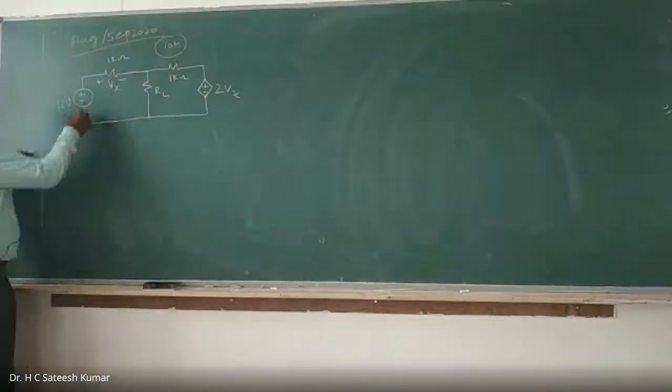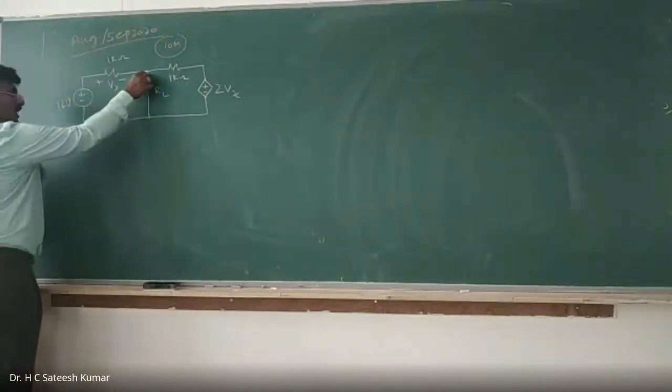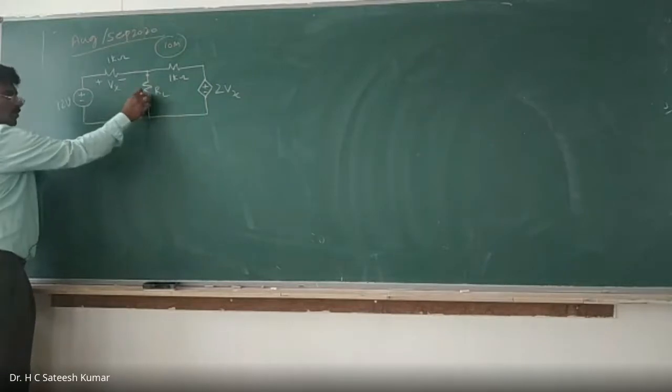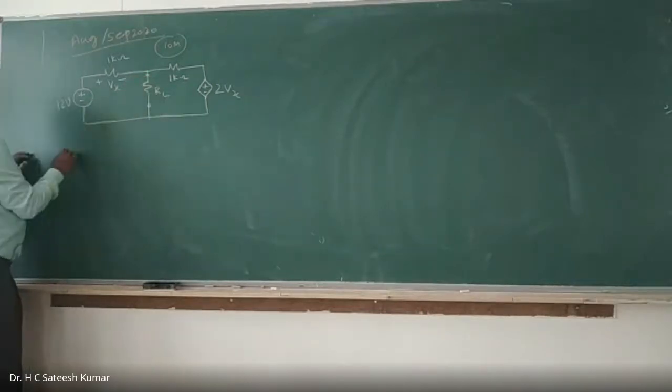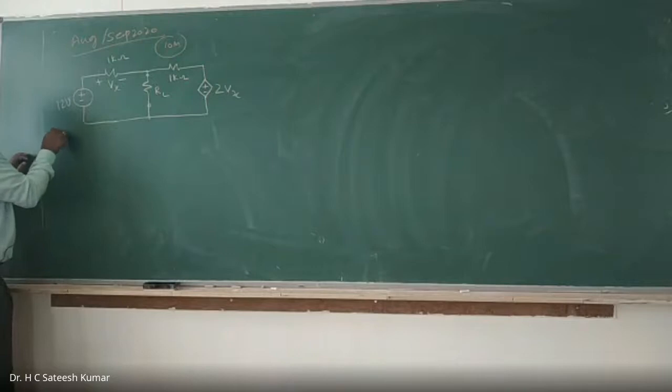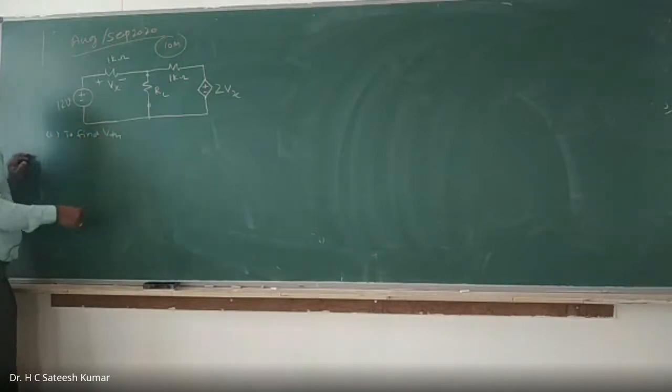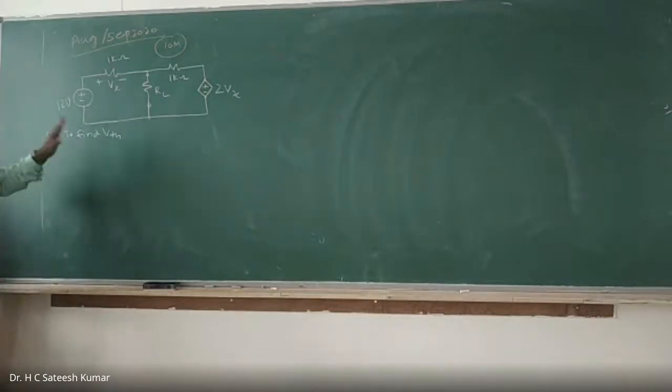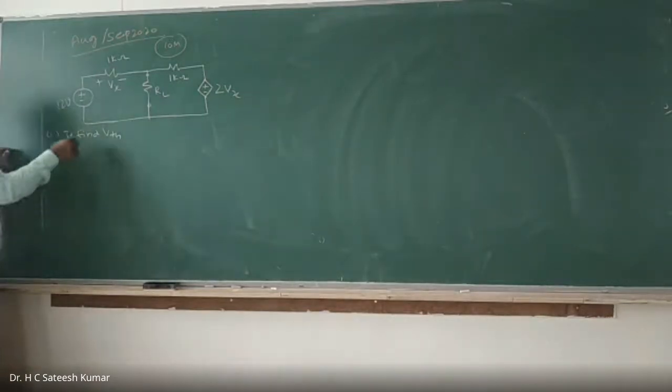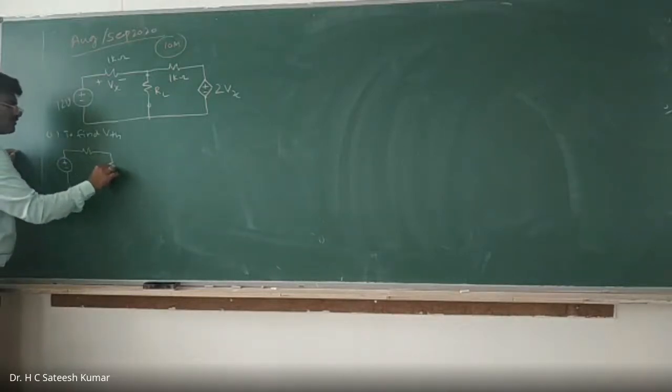So now what do we have? First you write down the Thevenin's equivalent. This is the load. This will have to be made open. So now what should you do? First step is to find VTH. You will see that I'll do Thevenin's, Norton's, maximum power transfer theorem. So now what do we have? Plus minus, one resistance.